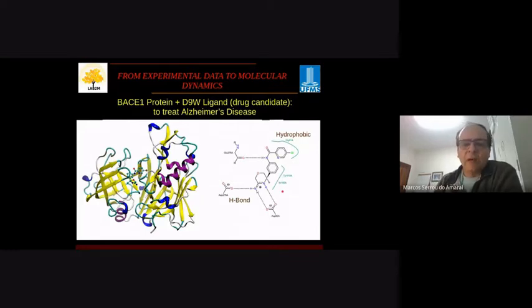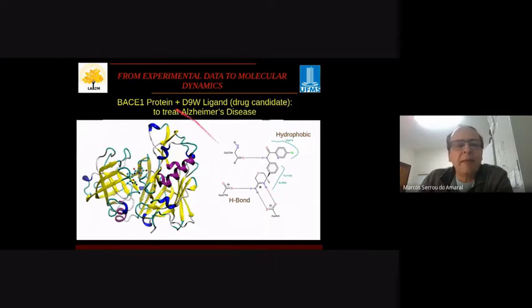So without molecular dynamics, you can get this information from that website. Note that you have pictures of the ligand bound in the protein. This is really good.